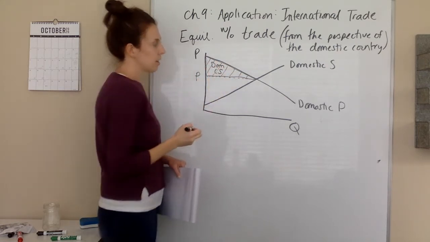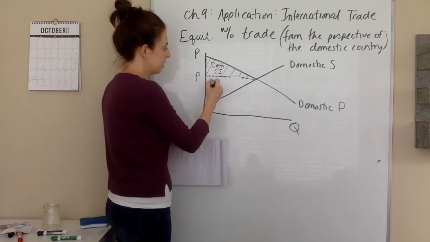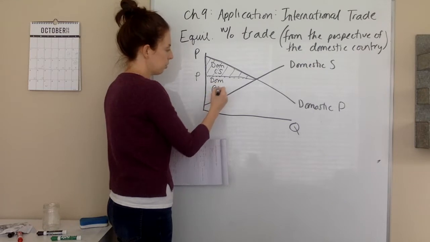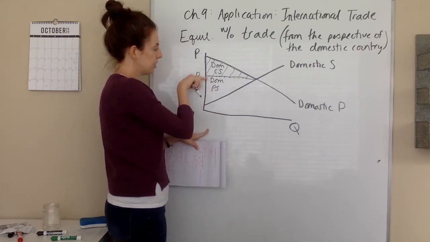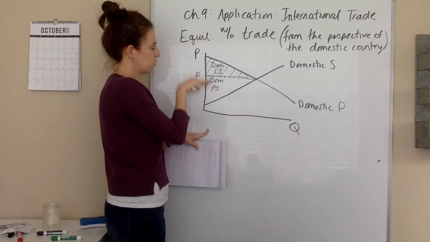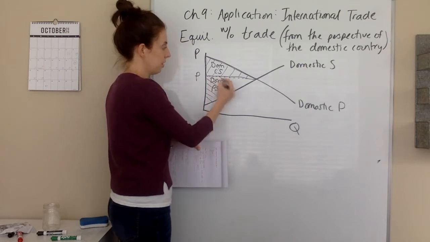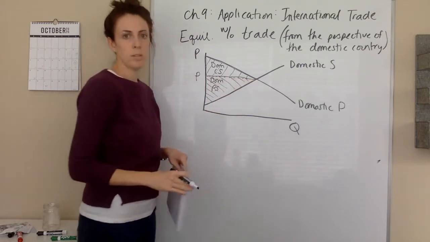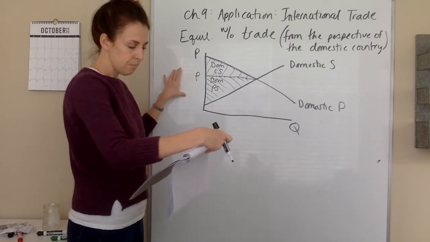And likewise, the home manufacturers or home suppliers are going to have a domestic producer surplus equivalent to the area of the triangle below the domestic price and above the domestic supply. Okay, so nothing new going on here. This is all old news. We're just explicitly labeling everything with a domestic tag on it.